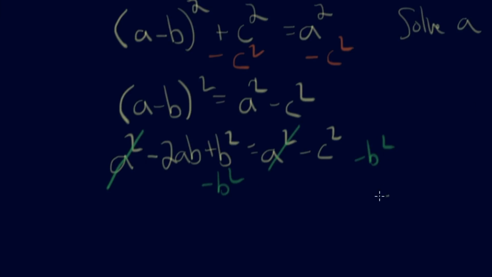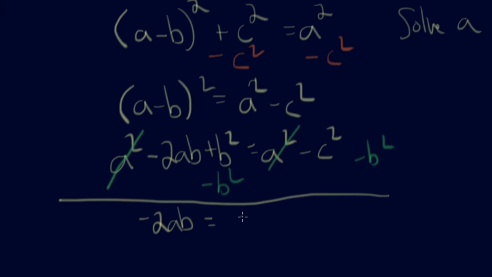And what does that leave me with? So what am I down to now? I'm down to a negative 2ab is equal to negative c squared minus b squared. Like that. I'm going to divide both sides by a negative 2b and divide this by a negative 2b.